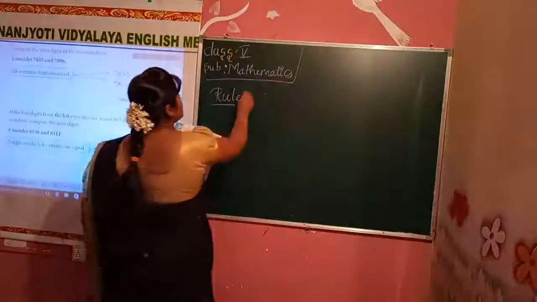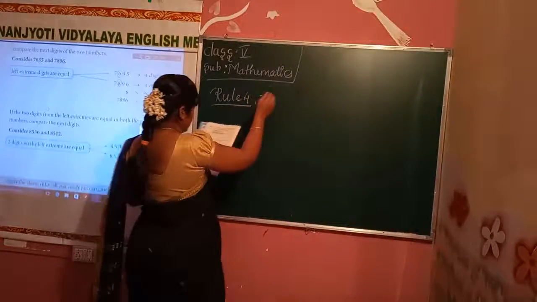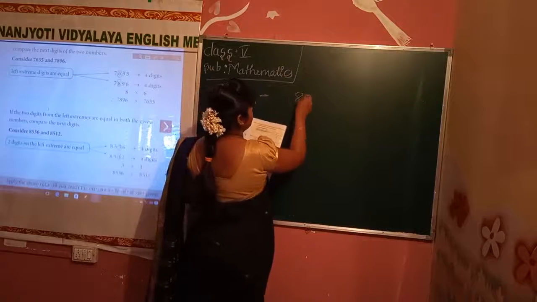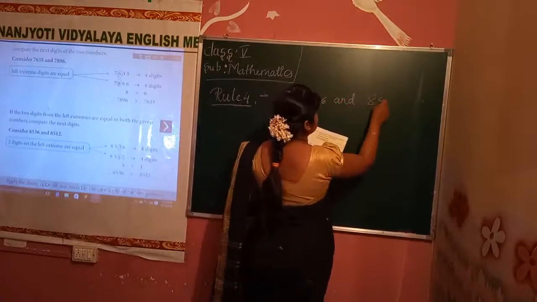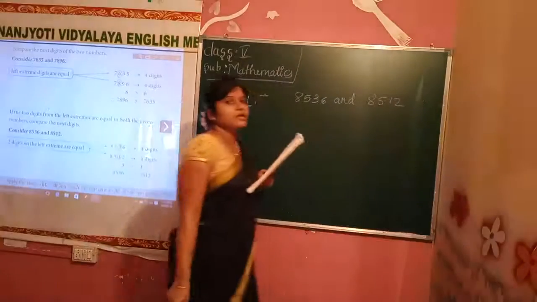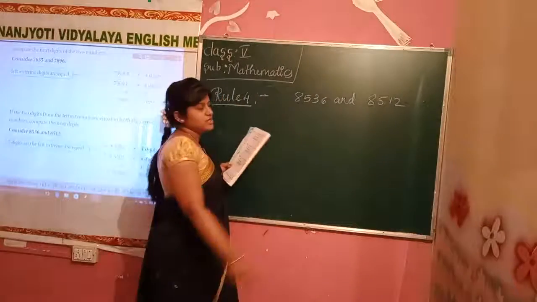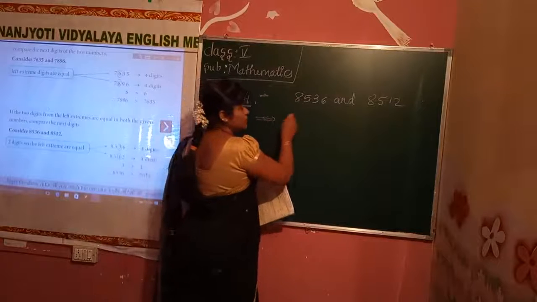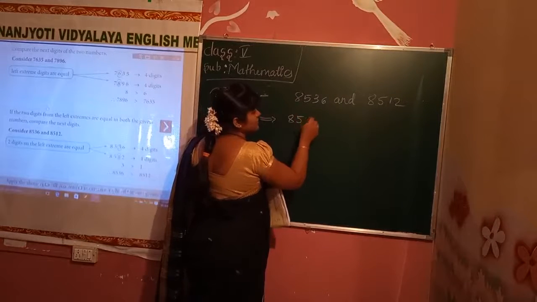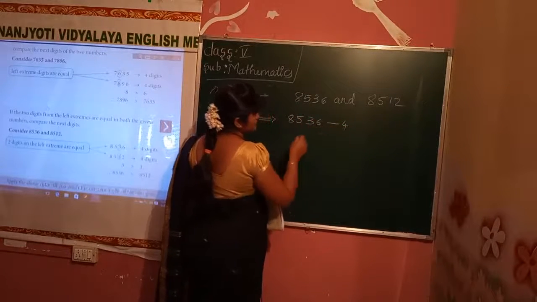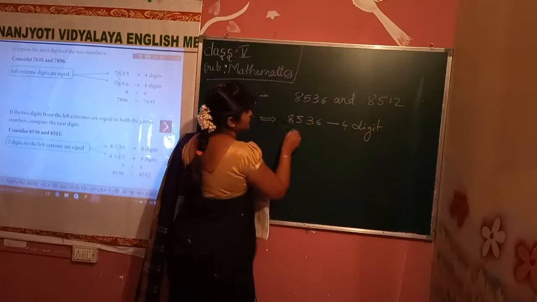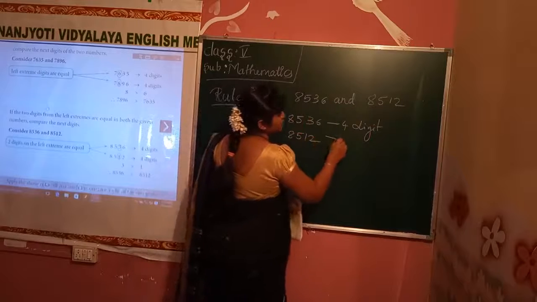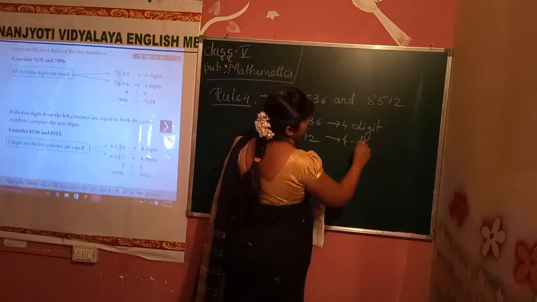For example, given 8536 and 8512. Both are 4-digit numbers. 8536 is a 4-digit number, and 8512 is also a 4-digit number.